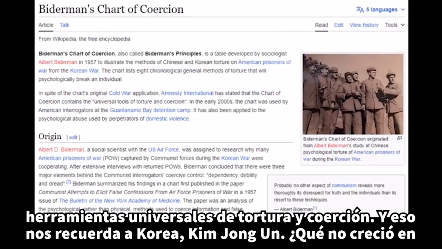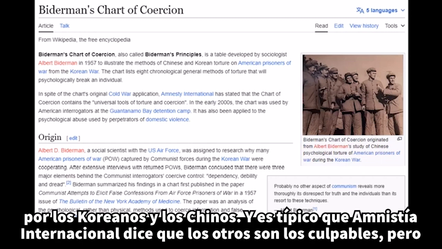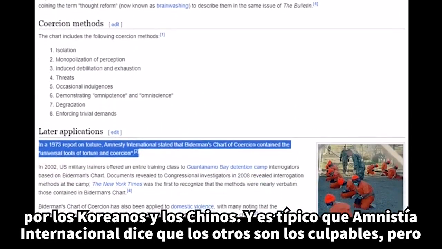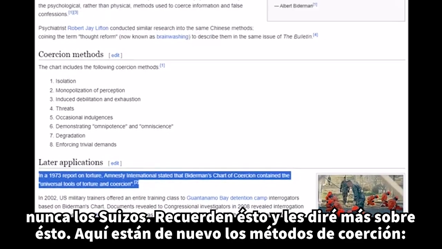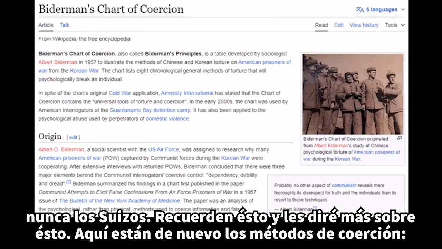Well, didn't he grow up in Swaziland and go to a Swiss school? So it all boils down to Swaziland, eh? The Biderman's chart of coercion is not at all by the Koreans and the Chinese. And it's typical Amnesty International. It's always the others that are guilty, but never the Swissies. So remember this, and I'll tell you more about it.